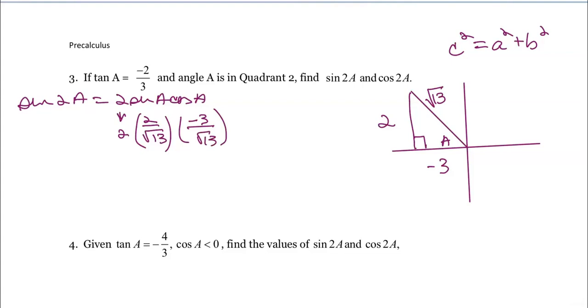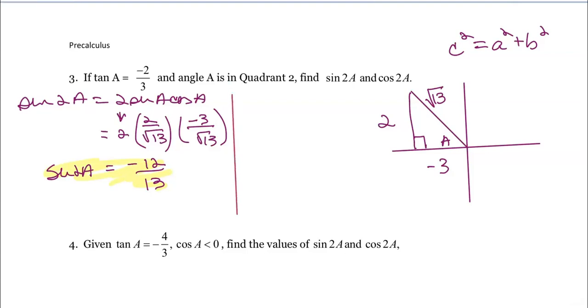I multiply those three terms together, and I get a value of -12 over plain old 13. So that's what sine of 2A equals. So let's highlight that since that's our final answer. And we can move on to the next half of this problem.